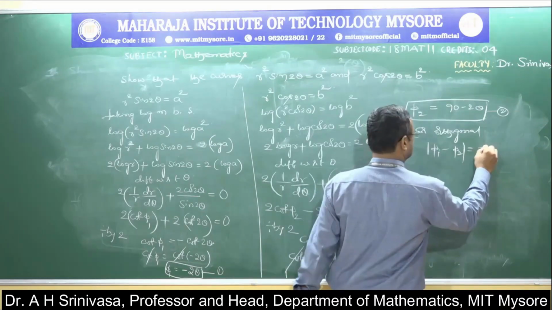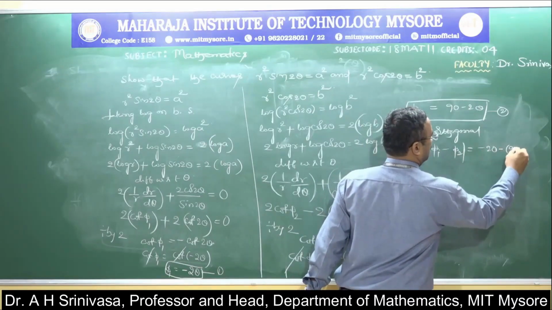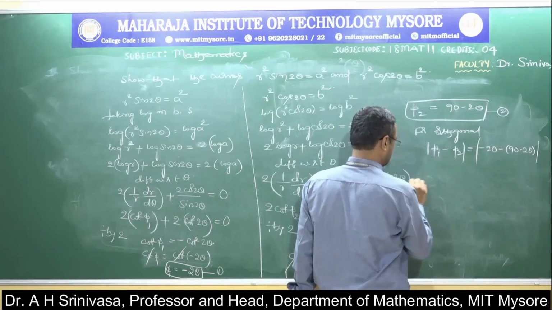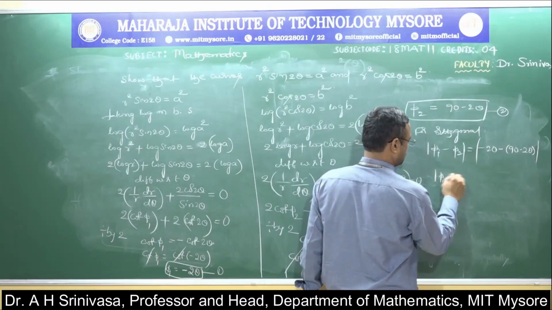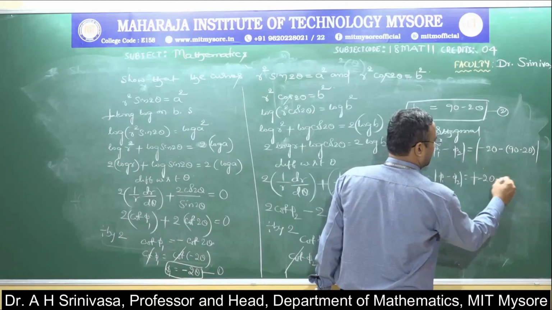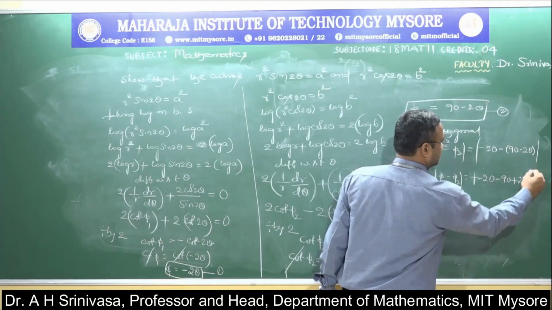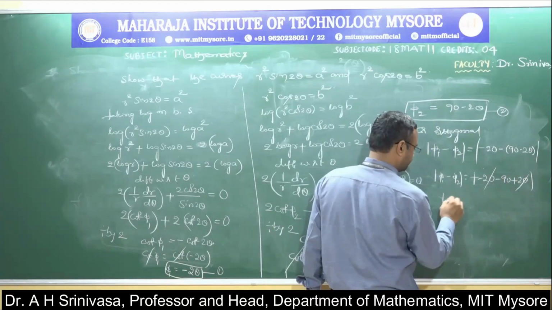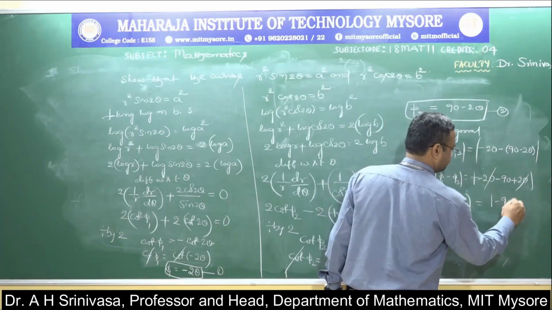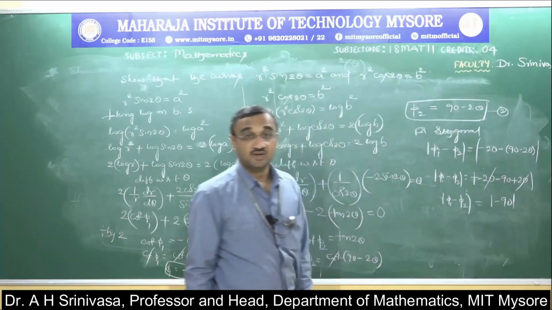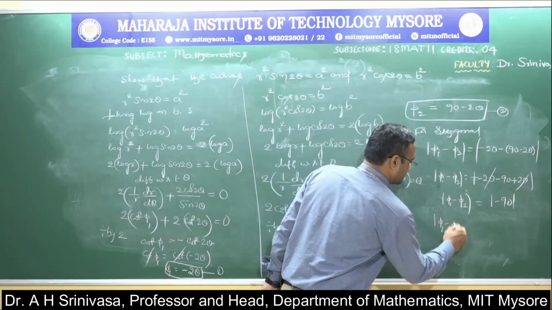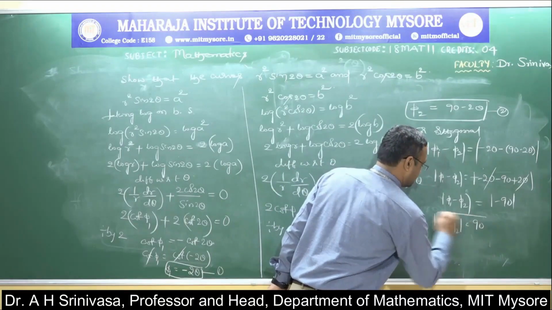Phi 1 is minus 2 theta, then the absolute value of 90 minus 2 theta. So minus 2 theta minus 90 plus 2 theta. Now cancelling these two, you get minus 90. We are considering only the absolute value. Then easily you can write phi 1 minus phi 2 is also 90.